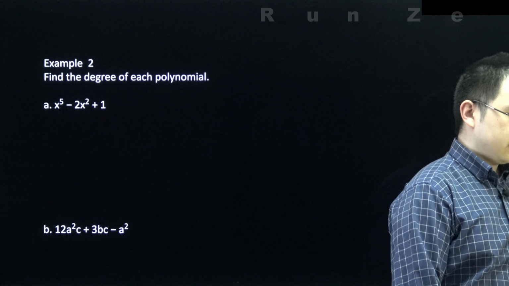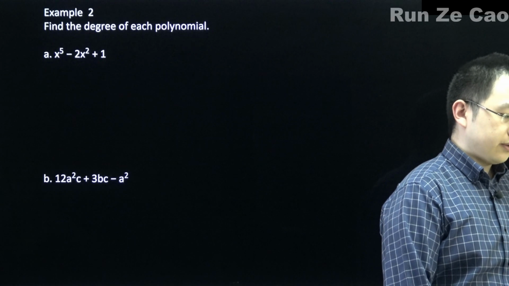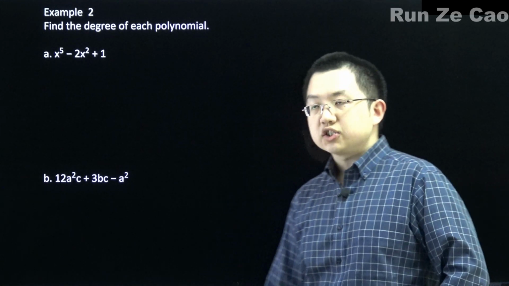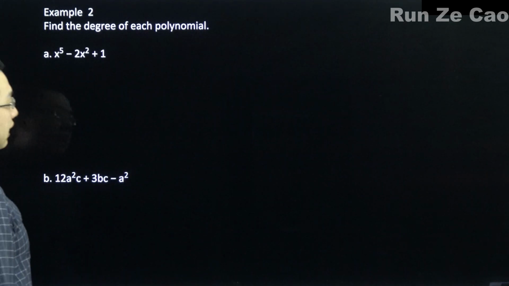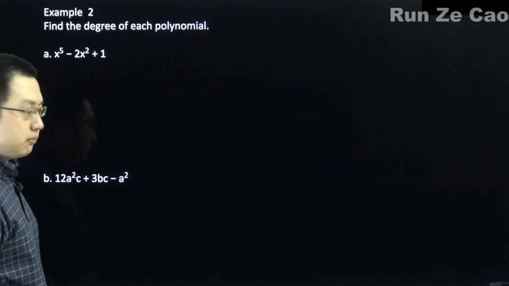Now, how about these polynomials? Find the degree of each. The degree of the polynomial is equal to the degree of the highest degree term.